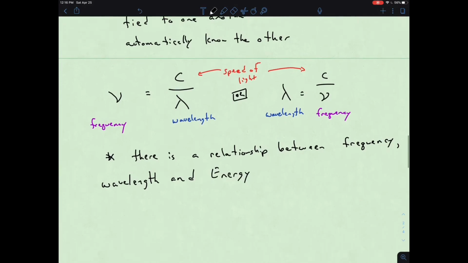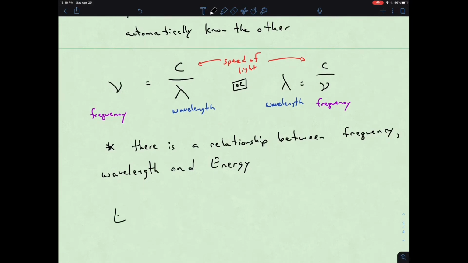And so here would be our expressions for the energy of a particle. And so here are the two different forms that we could use.